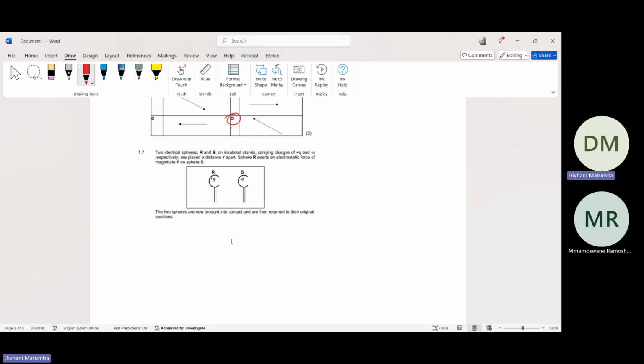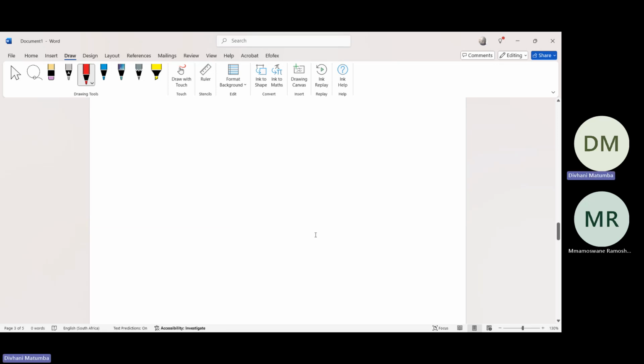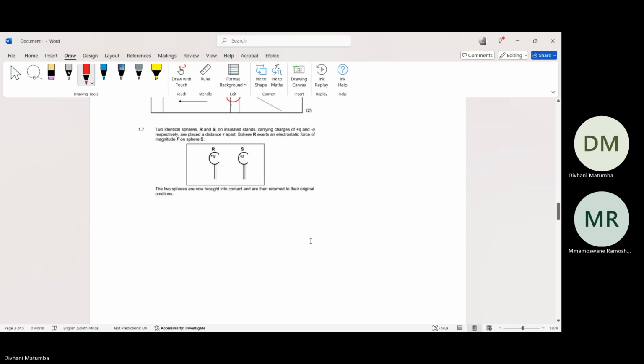The sphere R exerts an electrostatic force of magnitude F on S. Okay, it's fine.